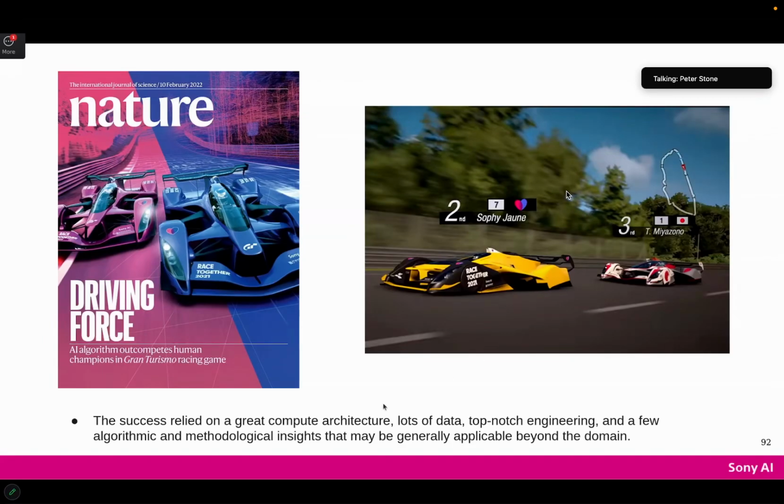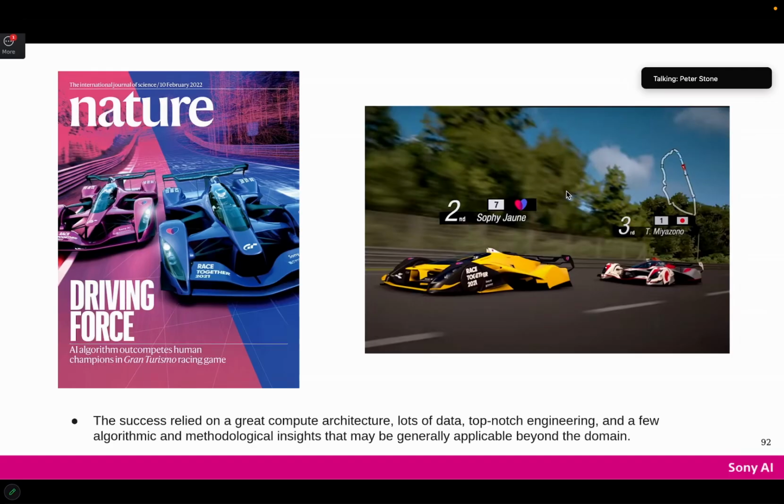And the thing that I think really marked the success here was very similar to the chess and the Go and the Jeopardy and the poker results in the past: first of all, a lot of computation, a really well-engineered compute architecture, which I'll talk a little bit about, a lot of data, some really top-notch engineering, and then a few algorithmic and methodological insights that were the key secret sauce that made it so we could get over the edge.